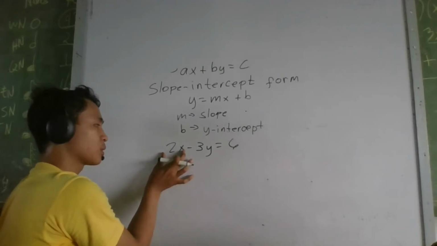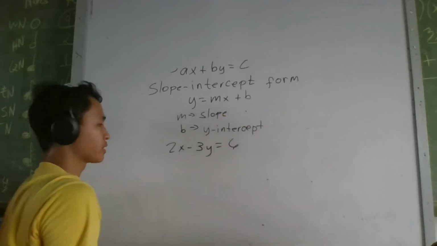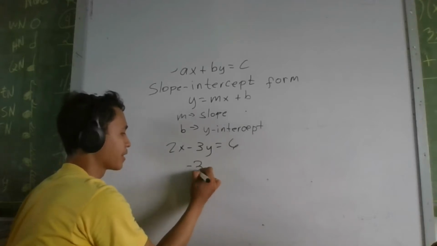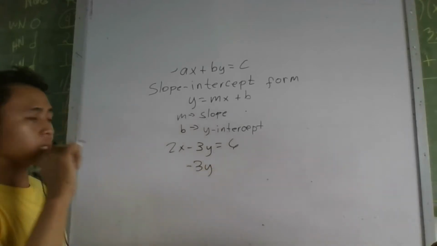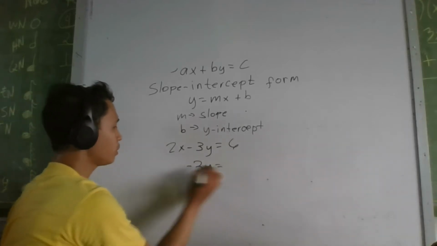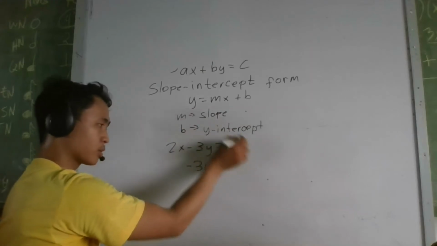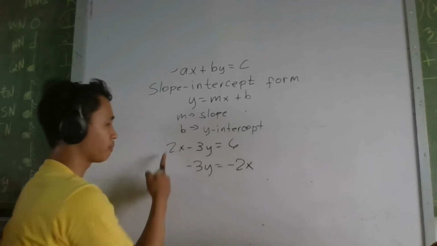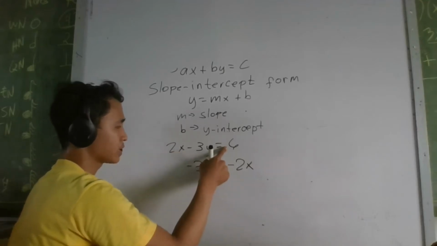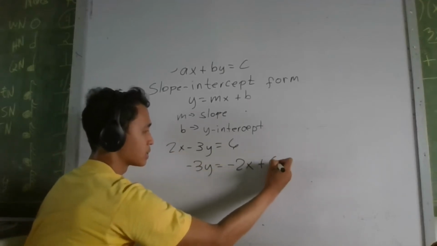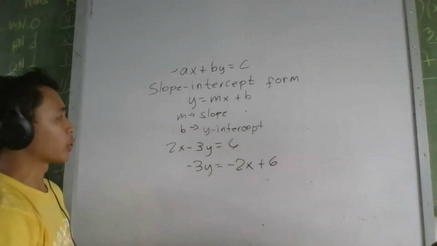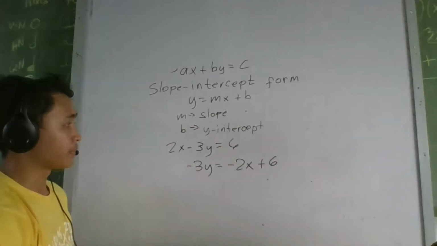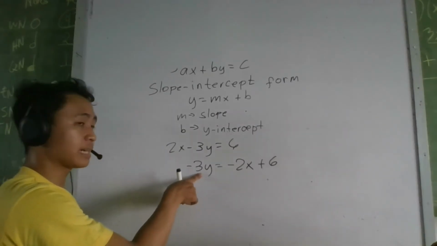Anong gagawin sa 2x? Transpose to the other side. So that is negative 3y equal to, yung positive 2x transpose to the other side, magiging negative 2x, from positive to negative. Then 6 is positive, so plus 6. Now, are we in the slope-intercept form na ba? No, not yet. Dapat y lang yung matira dito.